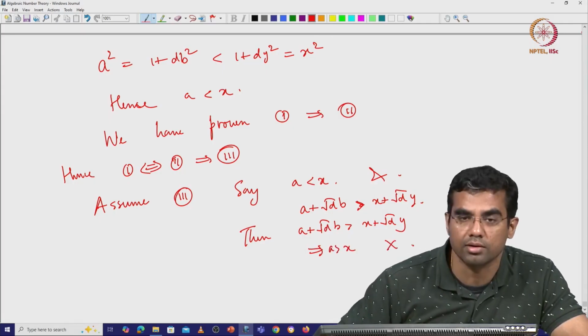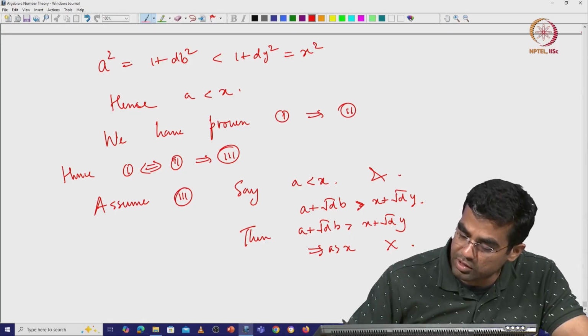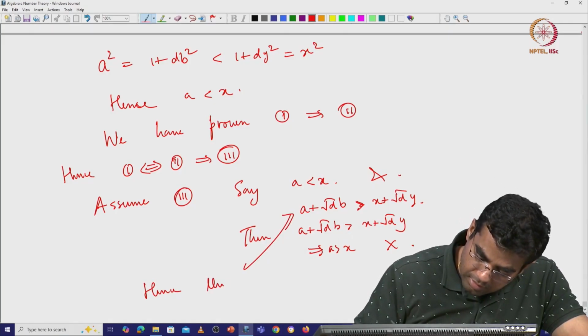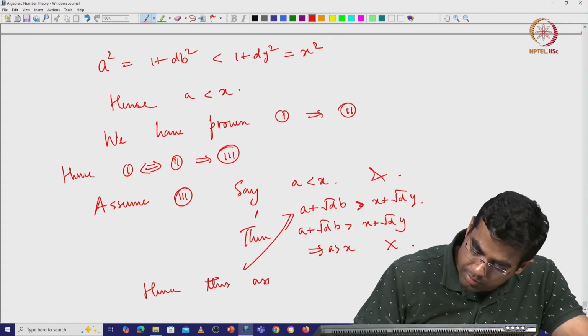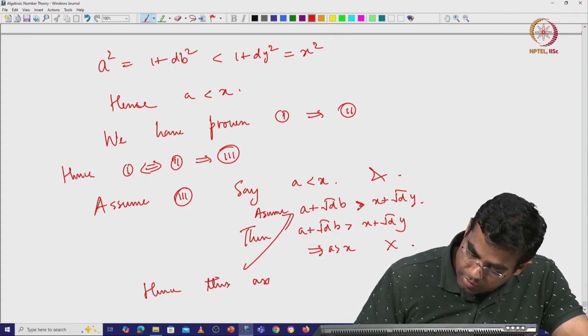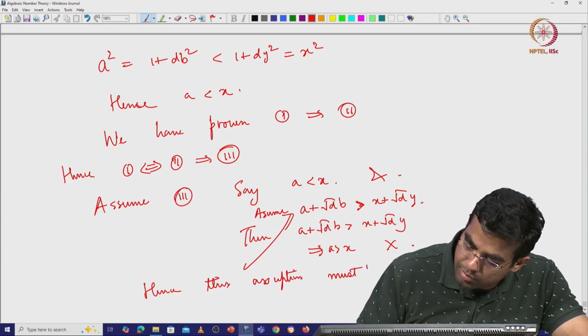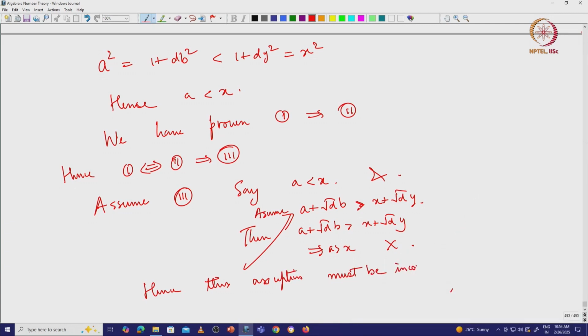So, that is a contradiction. Hence this assumption must be incorrect, and hence 3 implies 1.